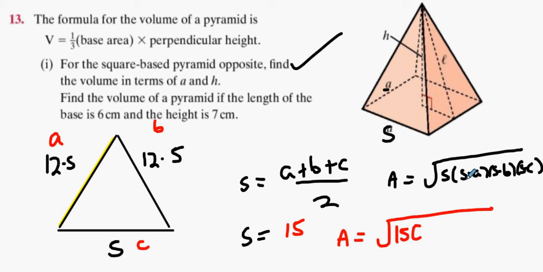Now what's S take away A? What's 15 take away A? What's 15 take away B? And finally, what's 15 take away C? Throw all that into the calculator, what do you get? You should get the area of one triangular face. We hope.